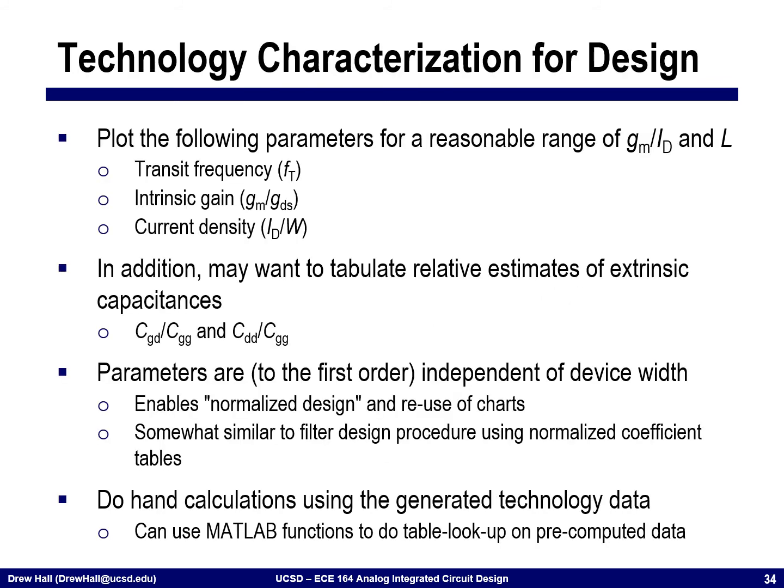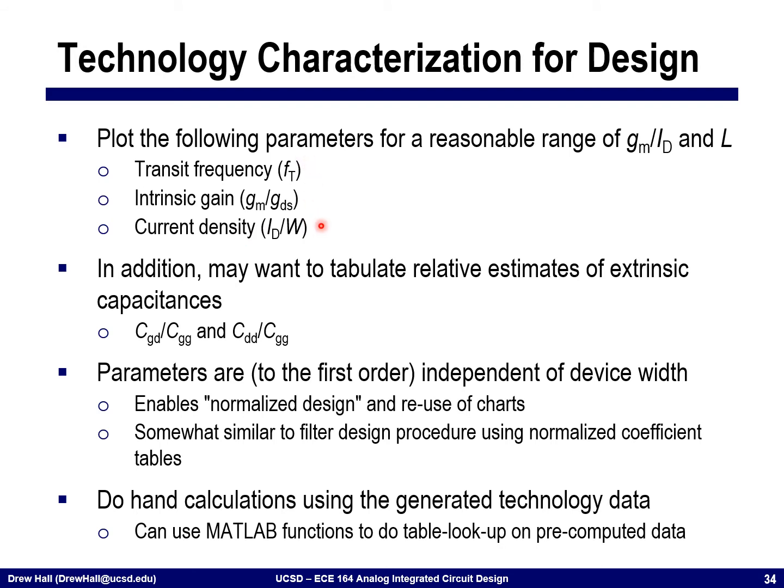Okay, so how do we actually do this in practice? We're going to plot the parameters for a reasonable range of GM over ID and L, and generate these three plots that I talked about before: transit frequency, intrinsic gain, and current density, all versus GM over ID.